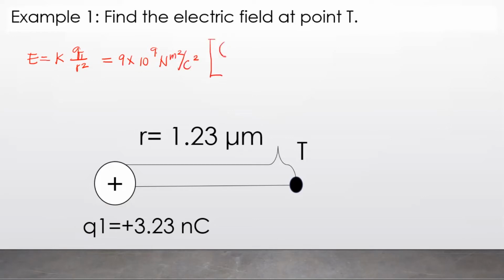Then our Q is 3.23 times 10 raised to negative 9 coulomb, since it is nanocoulomb, and divide this by the radius, which is in micro, meaning 10 to negative 6: 1.23 times 10 raised to negative 6 meter.